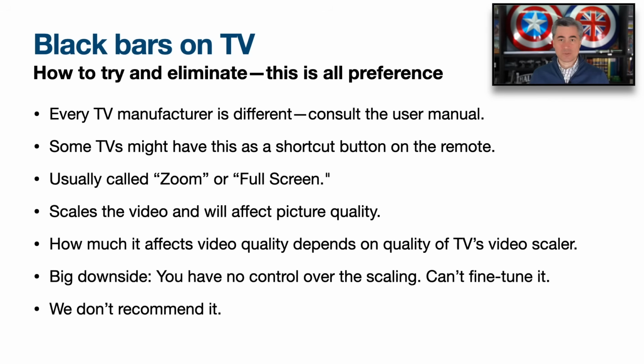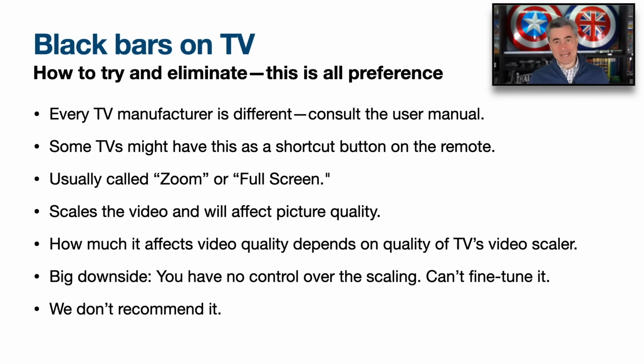So what happens with these TV-based masking systems is they really scale the image to some degree or try to stretch it, and you clearly see an impact in video quality. How much it impacts the video quality, however, is really going to be dependent on the quality of the scaler that's built into the television and how the company chose to implement it.